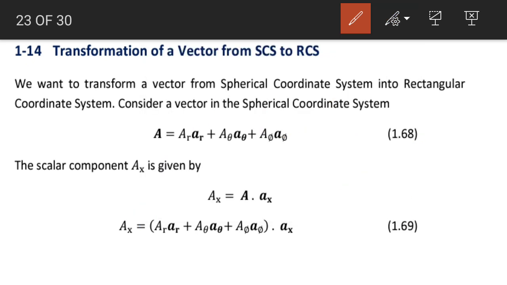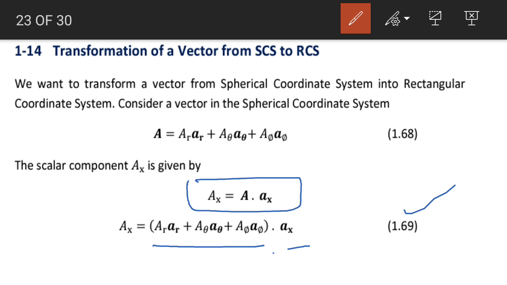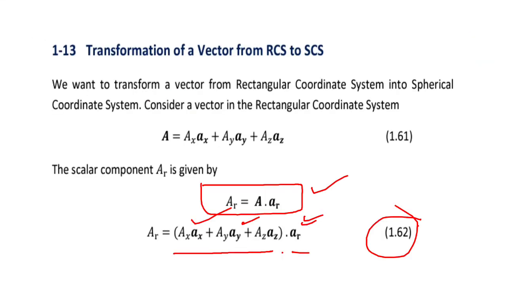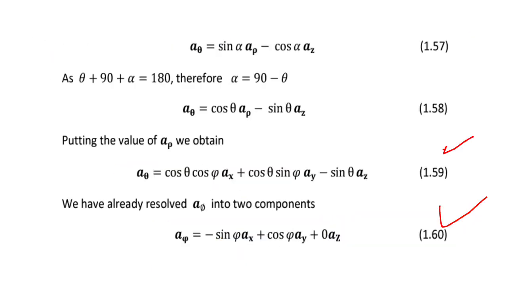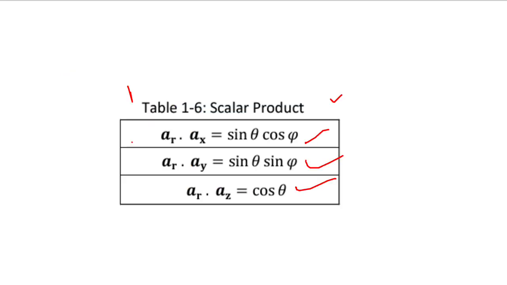So we calculate the x component, and we know that the x component will be equal to A dot ax, right? So we put the value of A on the right hand side, and then we calculate the scalar product of A and the unit vector ax, and we simplify the right hand side of this equation with the help of table number 1.7 and table number 1.6.